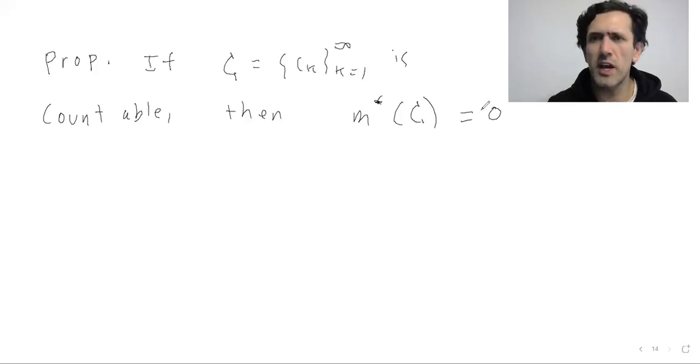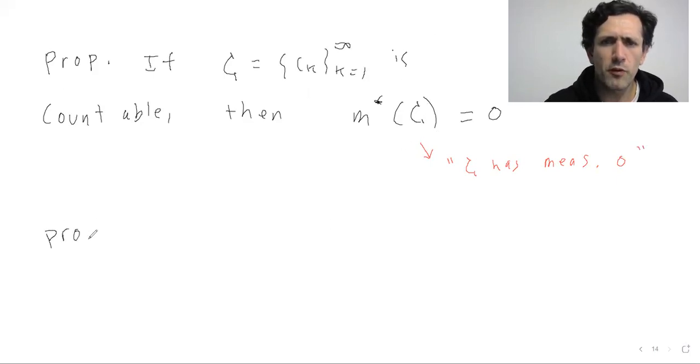So we really just say, actually, if this is true, because it'll turn out that any such set is measurable, we just say C has measure 0.